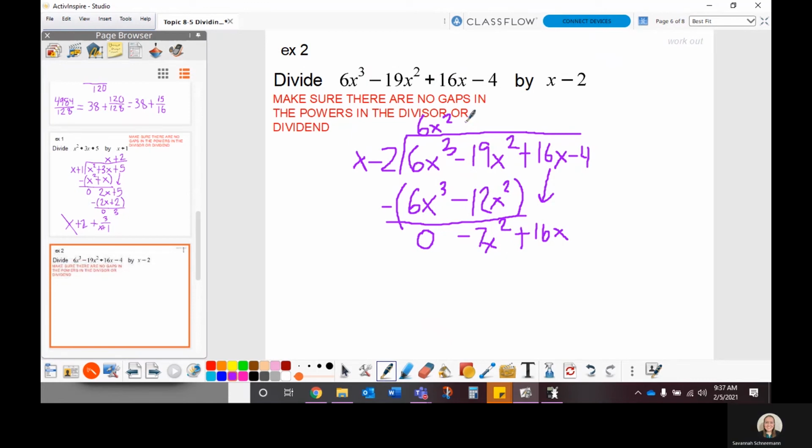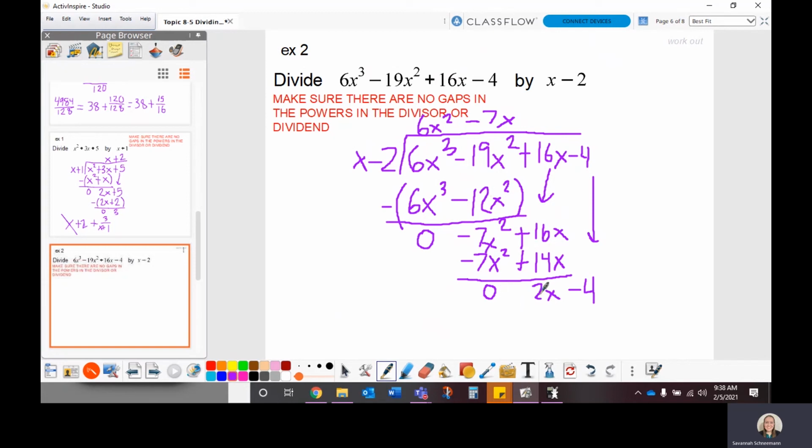Into negative 7x times, because negative 7x times x gets you that negative 7x squared, and then negative 2 times negative 7, that's plus 14x. So if we are to subtract that, negative 7x squared minus negative 7x squared is 0. 16x minus 14x is 2x. And then we bring down that negative 4.